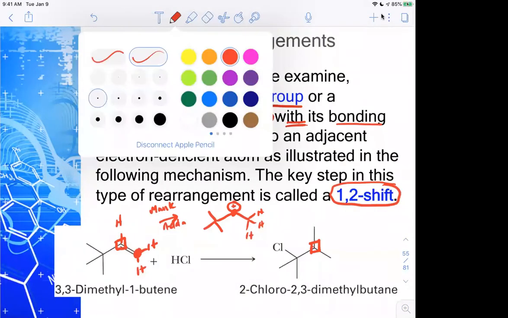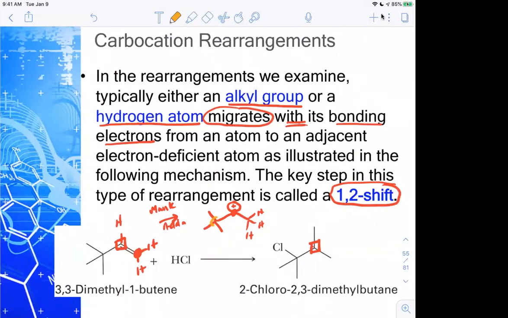The chlorine is going to end up on this carbon. And what happens is one of these methyl groups actually shifts over to form a new carbocation. And that new carbocation is going to be tertiary instead of secondary.